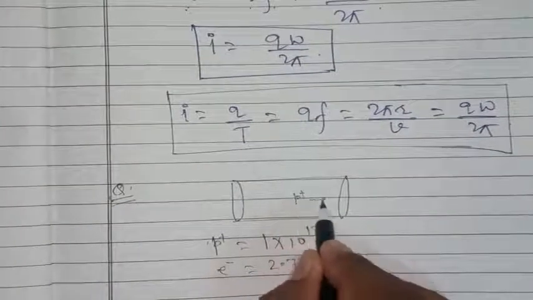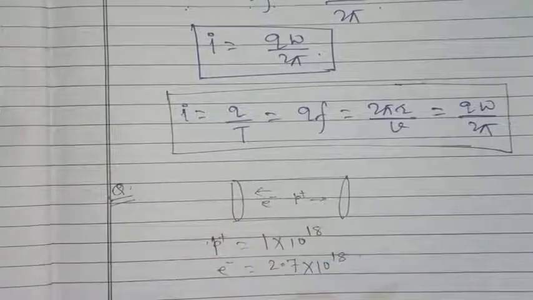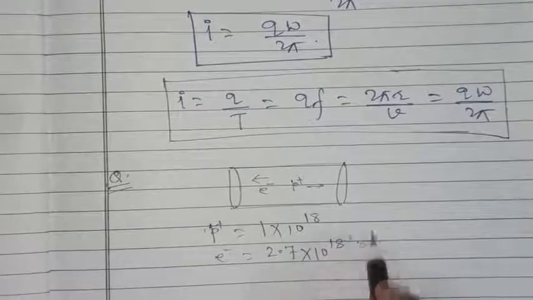Protons are drifting in this direction and electrons are drifting in this direction per second.